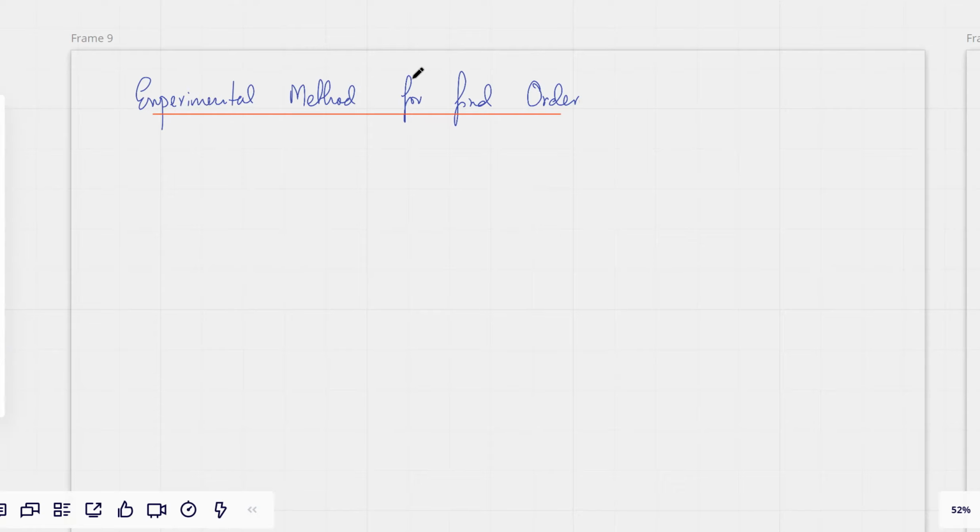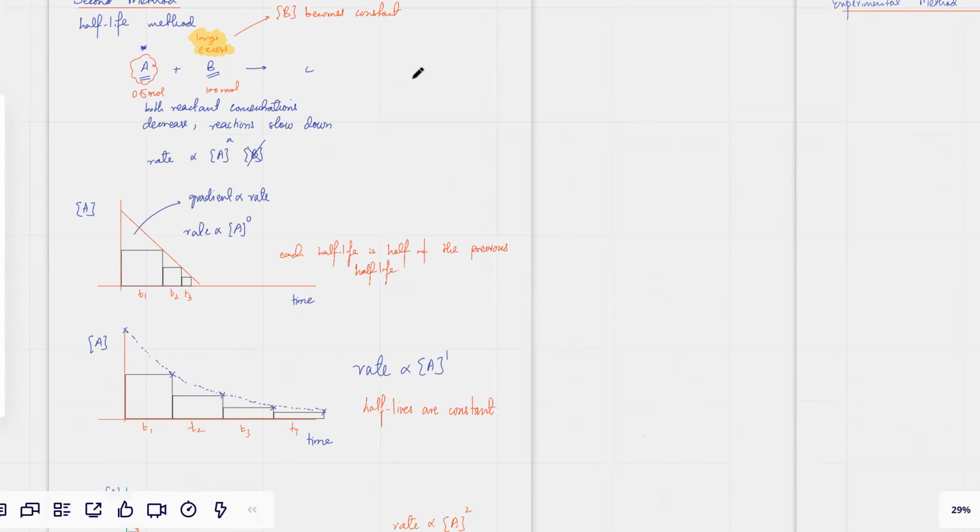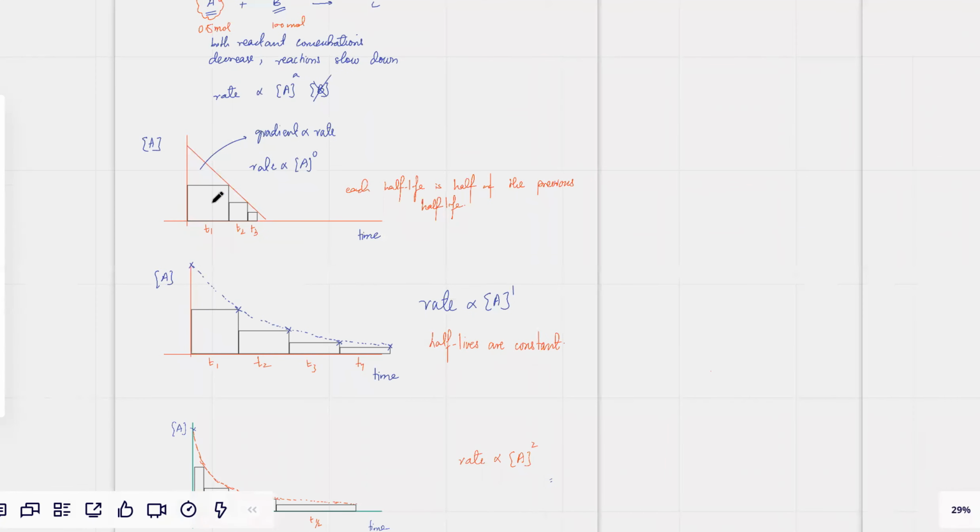Similarly, it's kind of hard to actually plot these graphs as well. This one is also kind of impractical. It's pretty hard to actually plot this graph. One example is if you have NaOH and HCl reacting together. You start the stopwatch and the reaction kicks off.